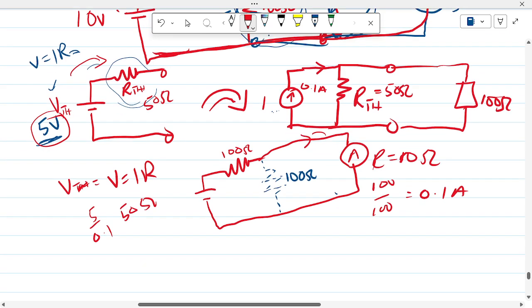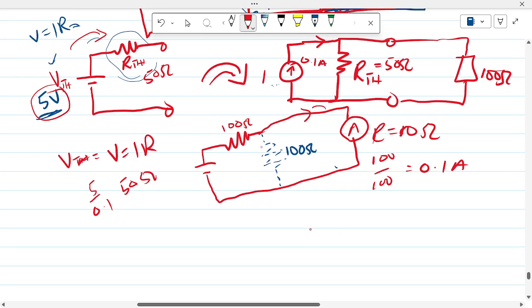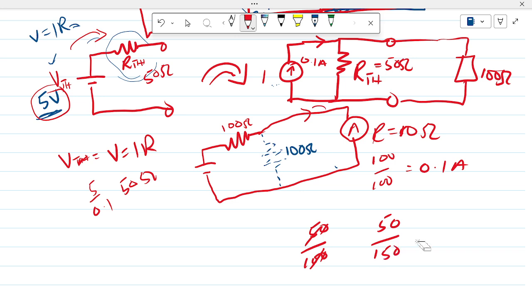So it's going to be 50 over 100, no, 50 over the sum, sorry. So 50 over 150 times the current, 0.1, and 1 over 3. For a moment I thought I was going to get a different answer, and that's 1 over 30 amperes.